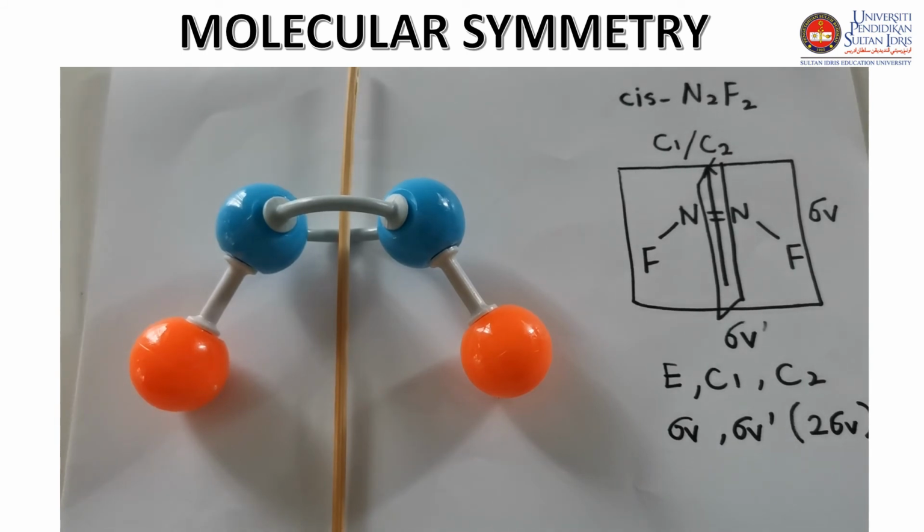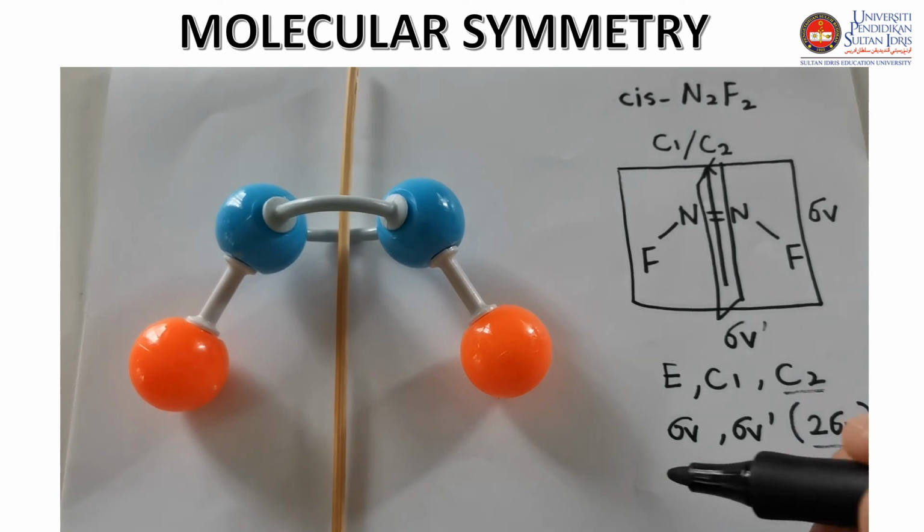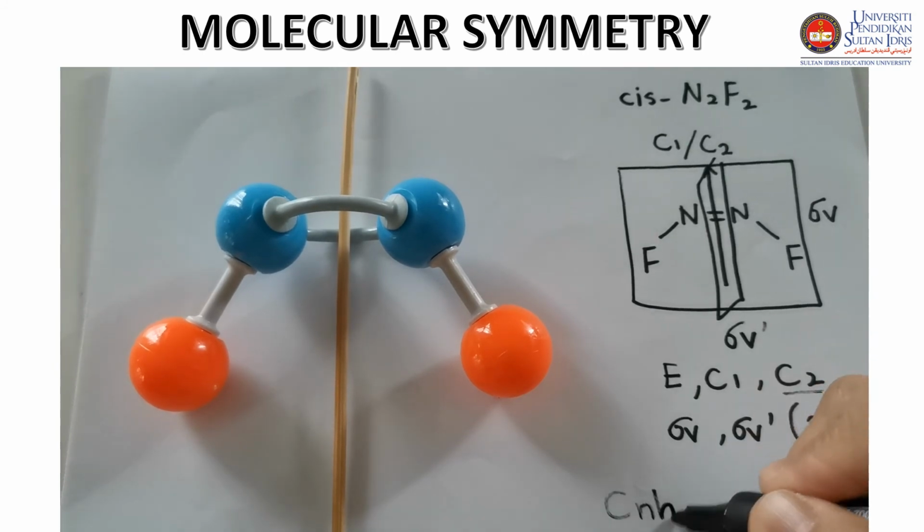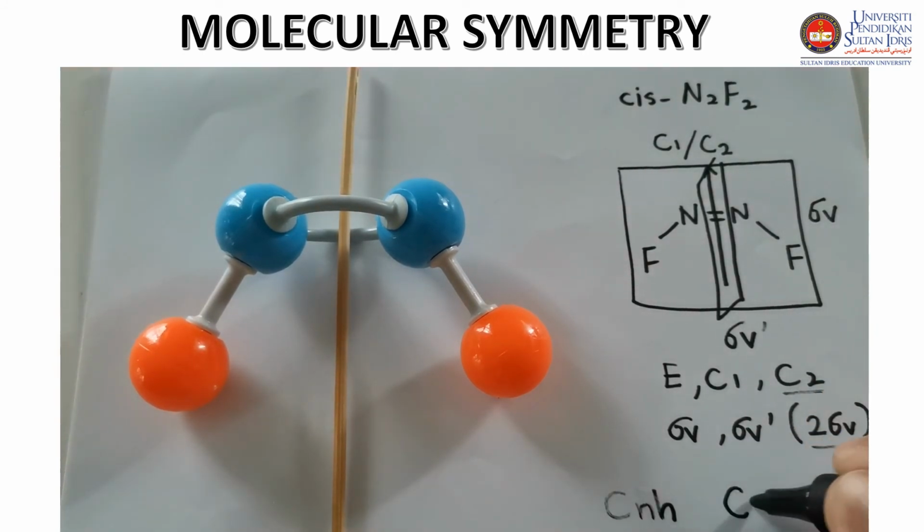So finally, we want to find out the point group for this molecule. So we look at the list of the symmetry elements and operations for this molecule. It has C2 and also a vertical plane. So we have two options. The first can be CNH or it can be CNV.